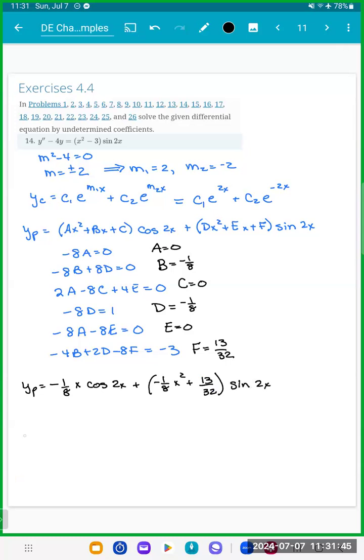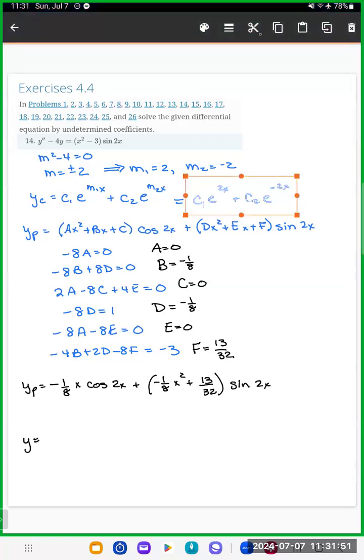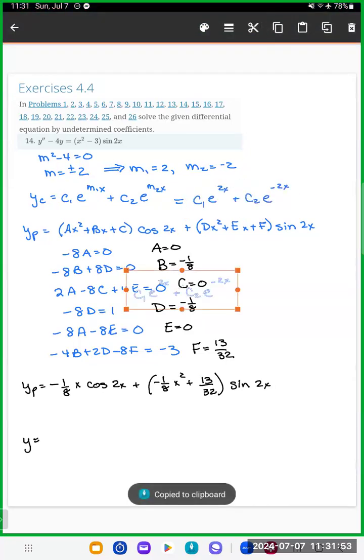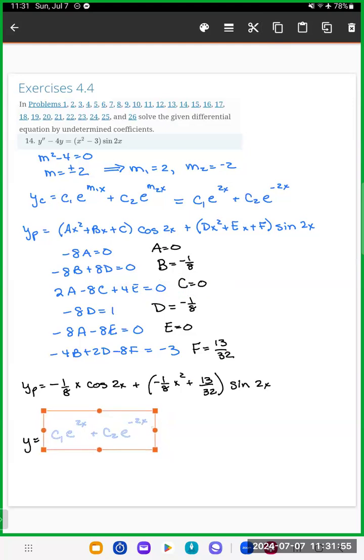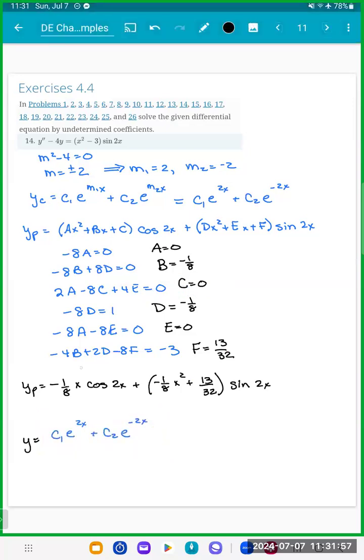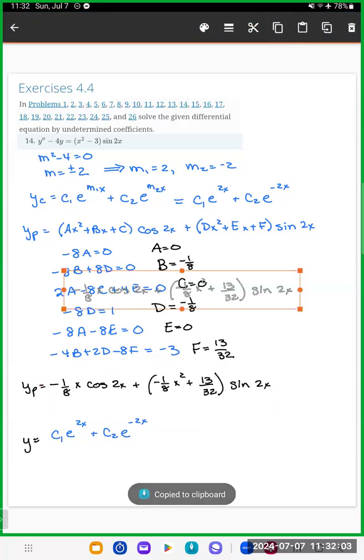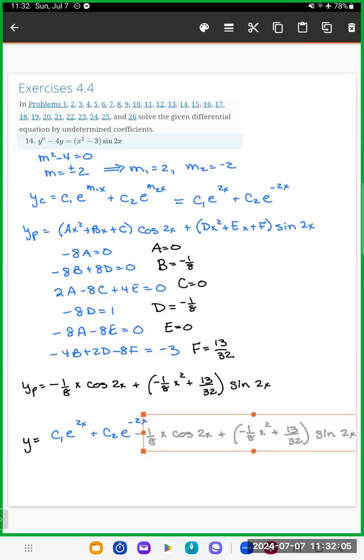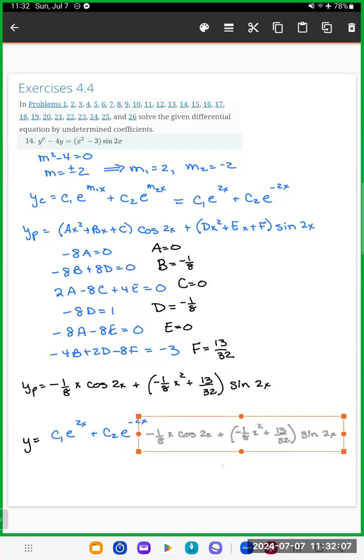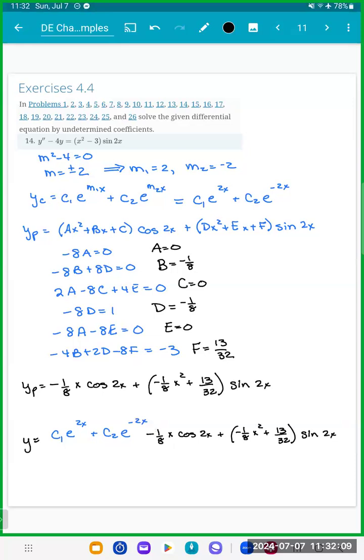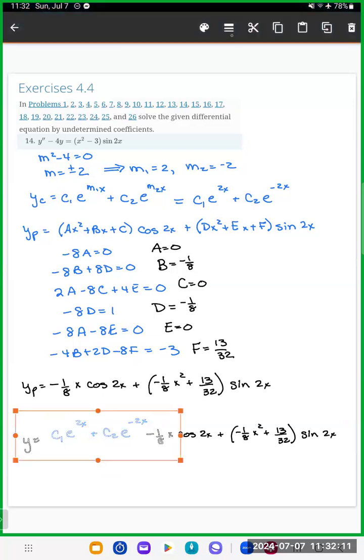Okay, so our general solution then is y equals the complementary plus the particular.